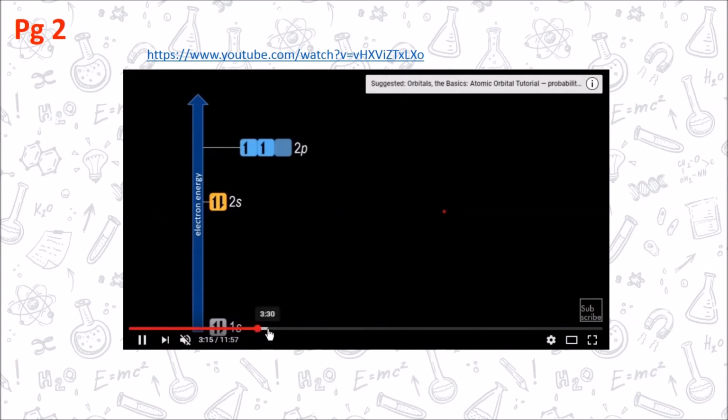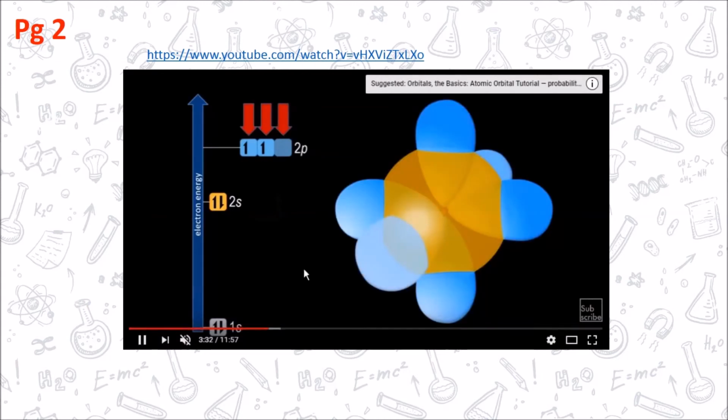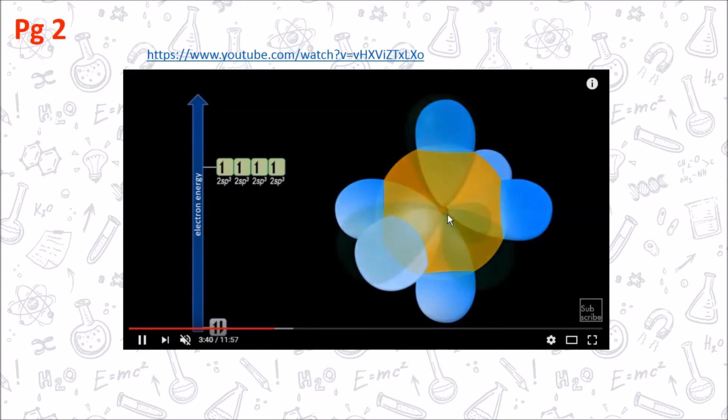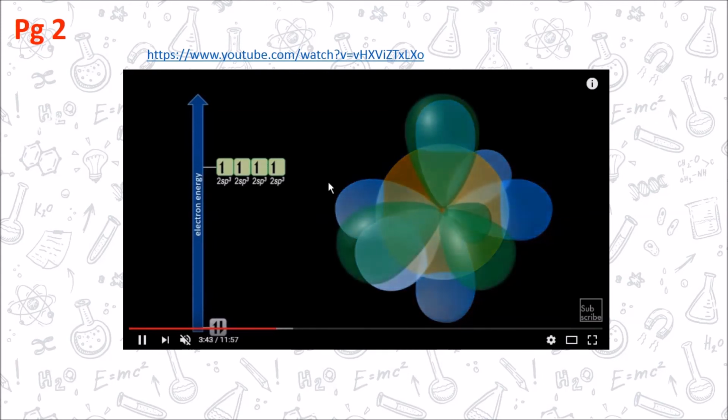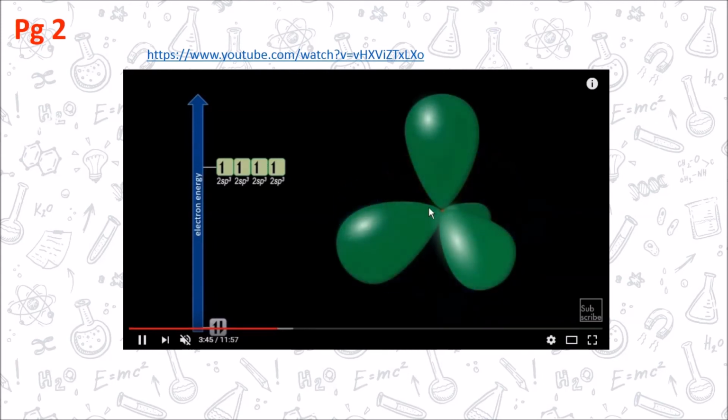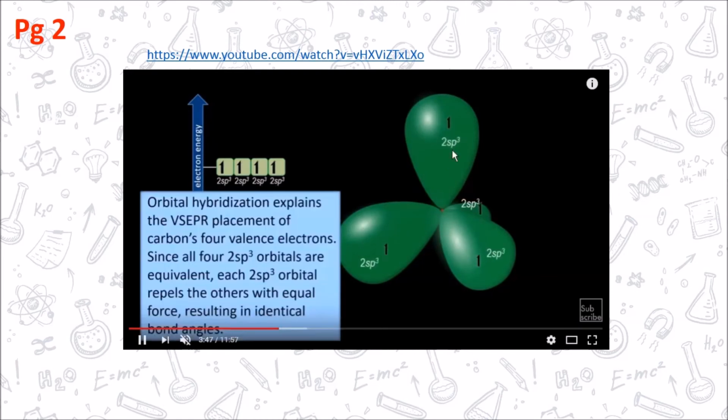Let's take a look at how they look. Initially your unpaired electrons are in your p orbitals, which are 90 degrees apart. This will not give me the bond angle that I want. But after I've hybridized, I come up with 4 equivalent sp3 hybrid orbitals.